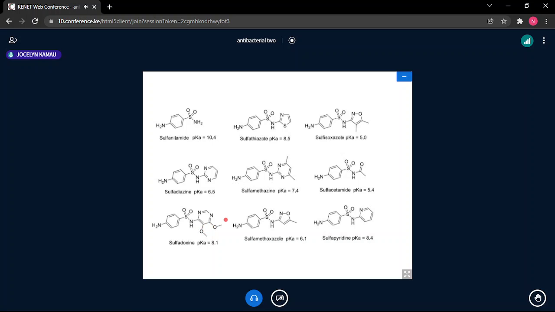And we did mention, of course, that they will also have a very big influence on the plasma protein binding, and that is why a drug like sulfadoxine has a very long duration of action. Remember, we did mention meta-placed alkoxy groups, meta-placed alkyl groups, meta-placed halides.